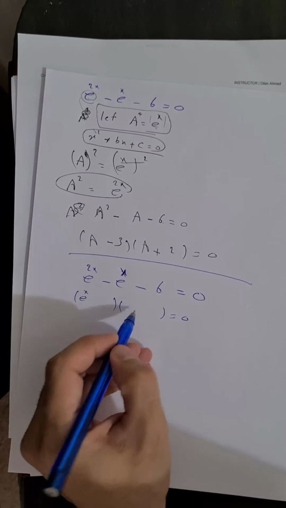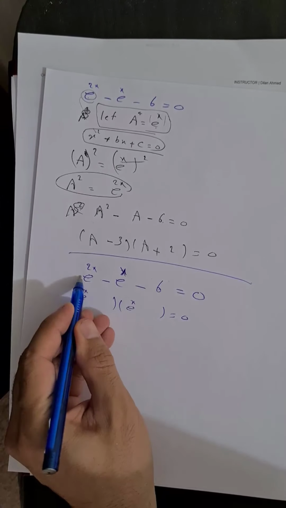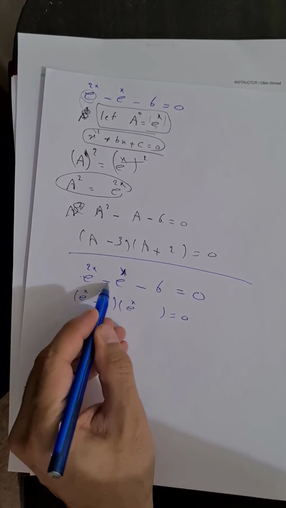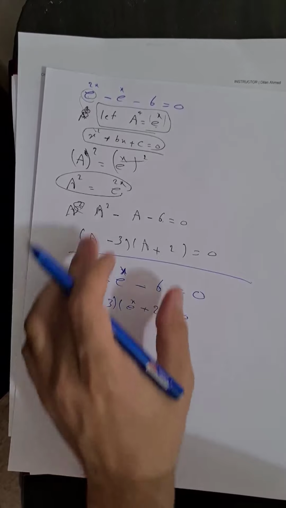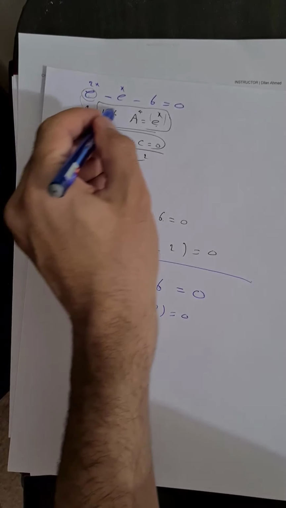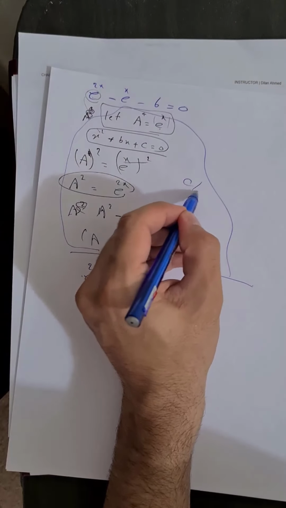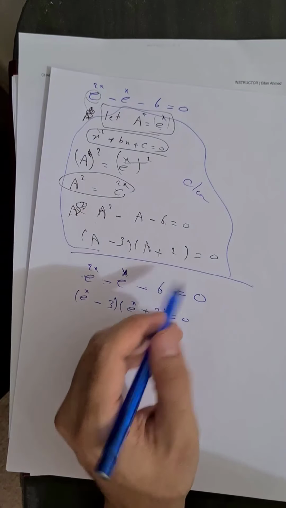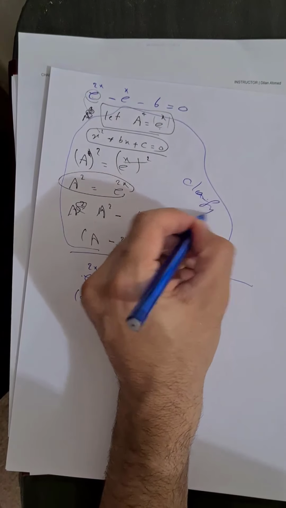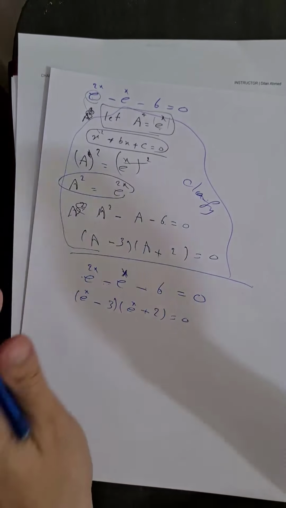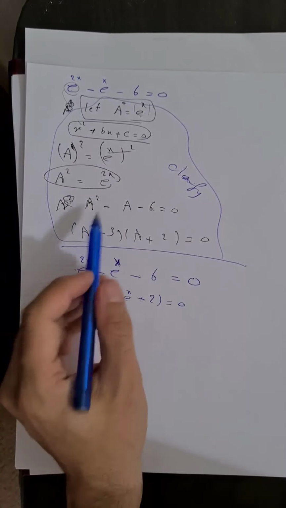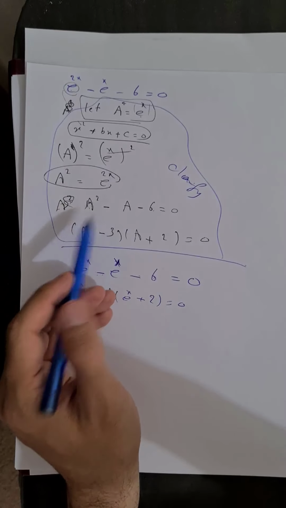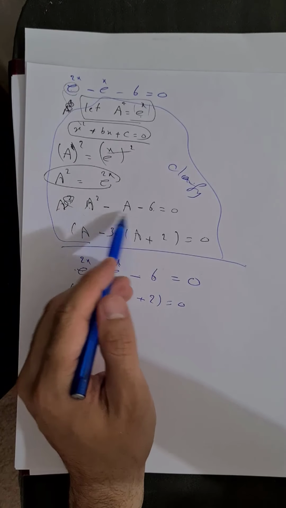I have minus 6, and I should change this one. This is just for clarifying our steps.